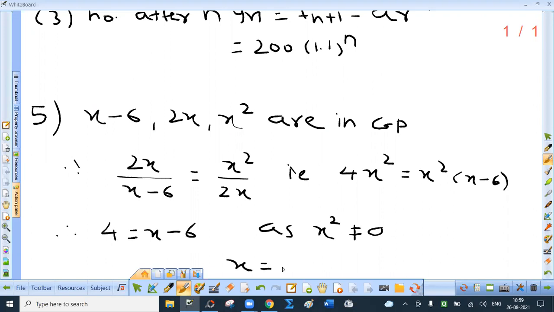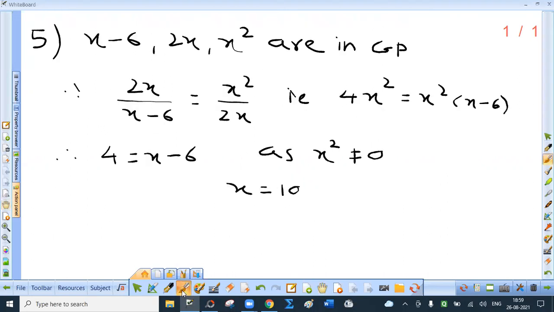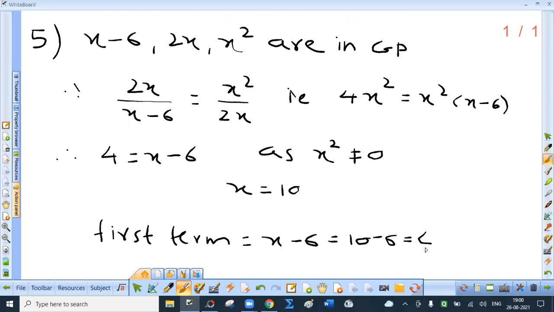So what is x from this? 10. Now what is asked? First term. First term is nothing but x minus 6. That is 10 minus 6 equal to 4.